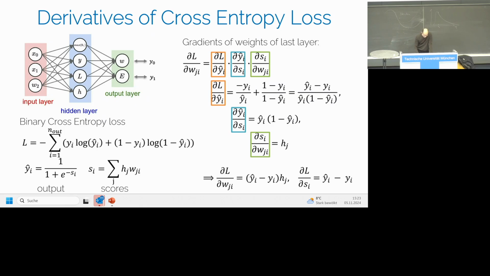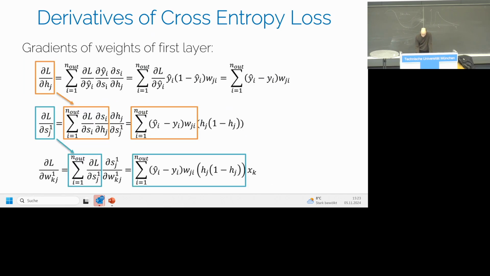We can do the same for the weights of the previous layer, and in the same way we have to backpropagate through the whole network, right? So we do dl by dHj, which is this expression: dl by dy hat, dy hat by ds, ds by dh, right? And then we plug in all that we found on the previous slide, and we get this expression.